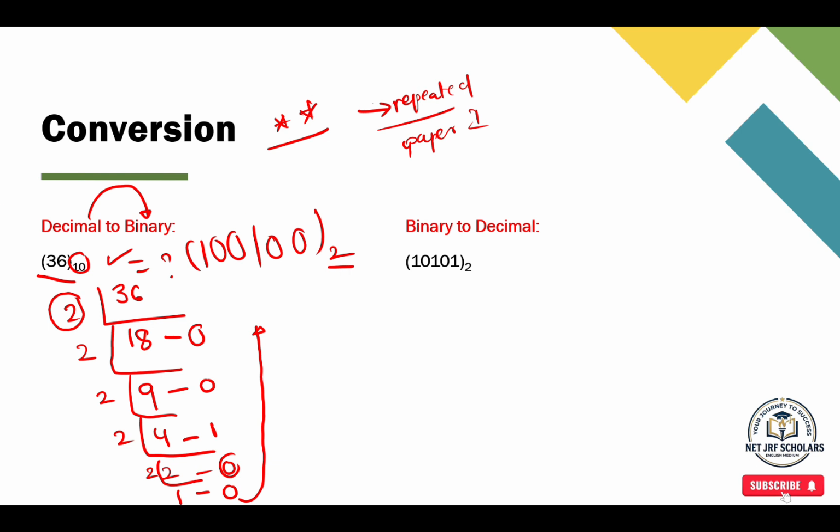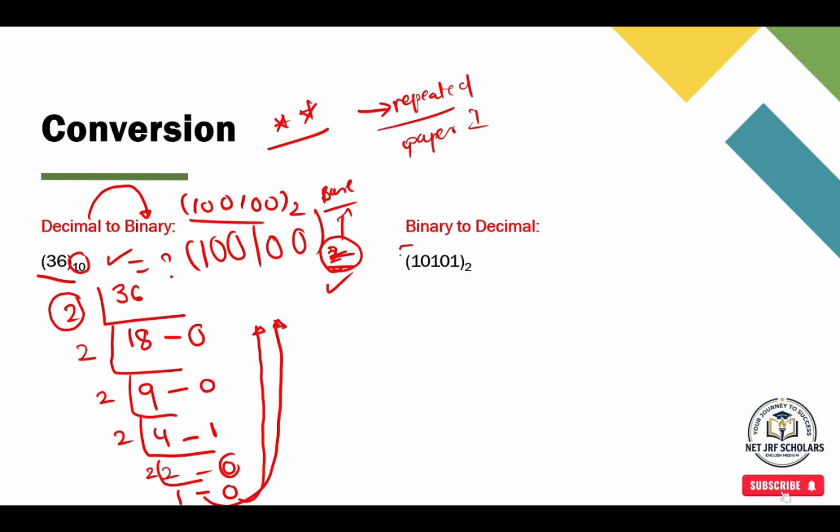So the binary value of 36 in decimal is 100100. That's it. So we have to go from down to up, below to above. 100100. As we converted into binary, we have to give the base value of the binary system, that is 2.